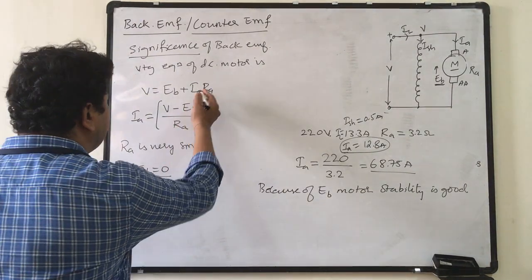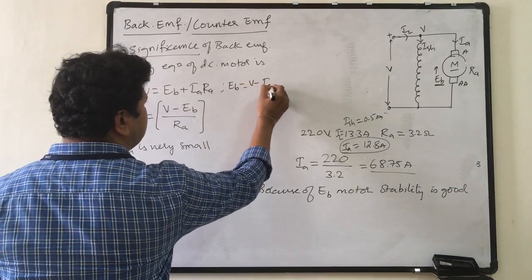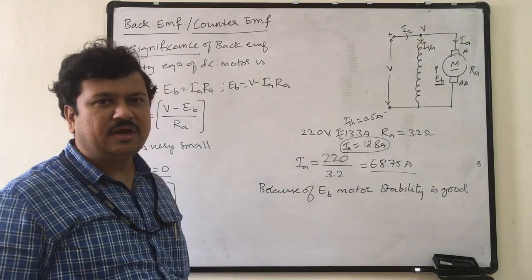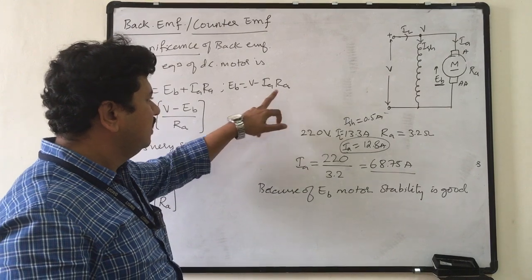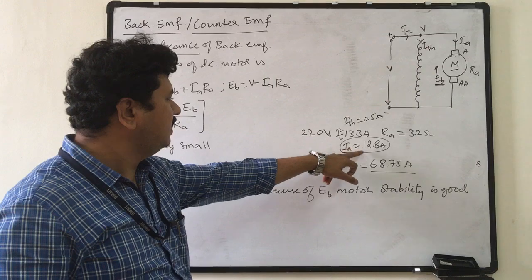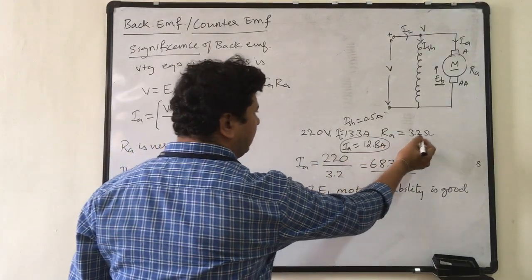Now what is EB as per this equation? EB is V minus IaRa. For this IaRa, let us assume: 12.8 into 3.2.